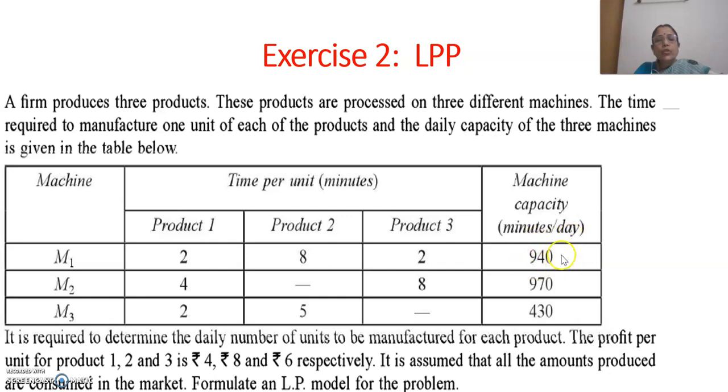So, this is the total machine time M1 availability. That means 2x1 plus 8x2 plus 2x3 should be less than or equal to 940. So, whatever we produce with respect to each of these 3 products should satisfy the total available machine time M1, which is 940 minutes. So, the appropriate inequality sign will be less than or equal to only here.